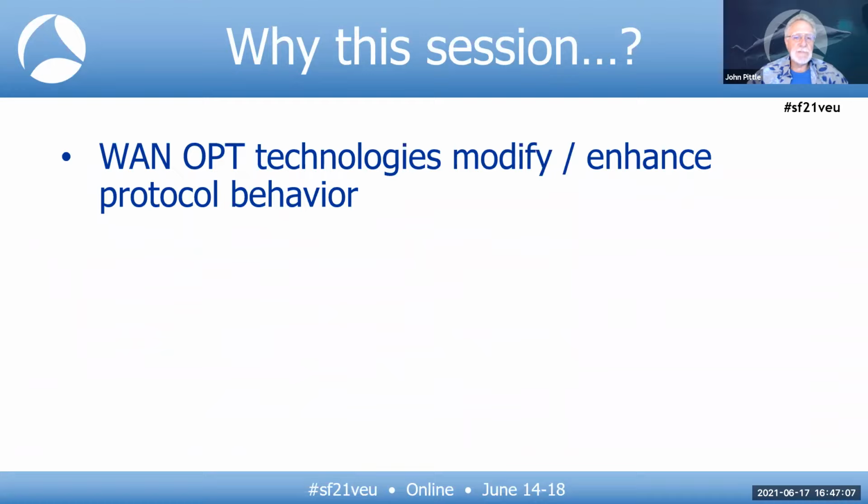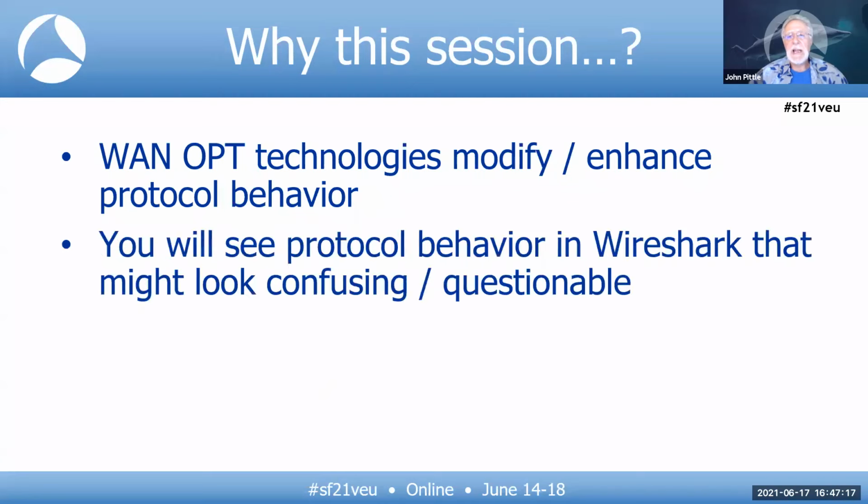So why did I think this session might be interesting? Well, it's because WAN op technologies in general will modify or enhance what you might consider to be normal protocol behavior. And you're going to be seeing some protocol behavior in Wireshark that might look confusing and questionable. I know it did for me the first time I had a look, which is why I was really thinking about this session.